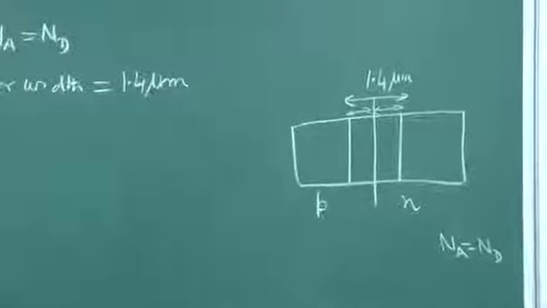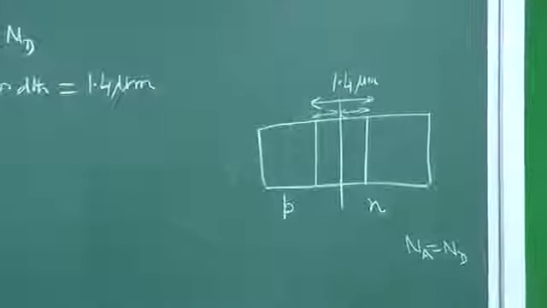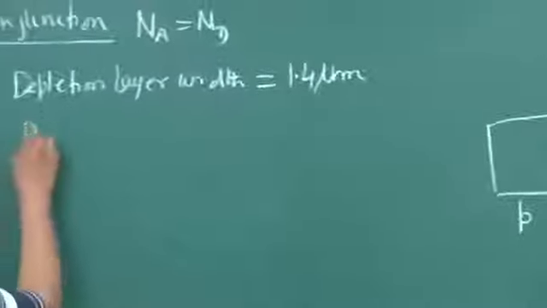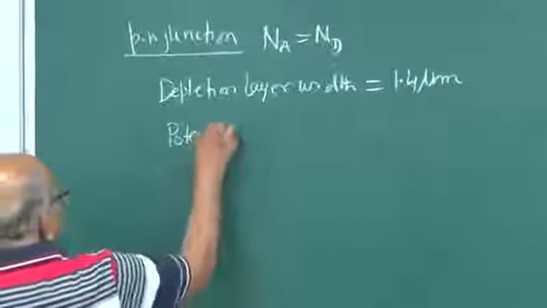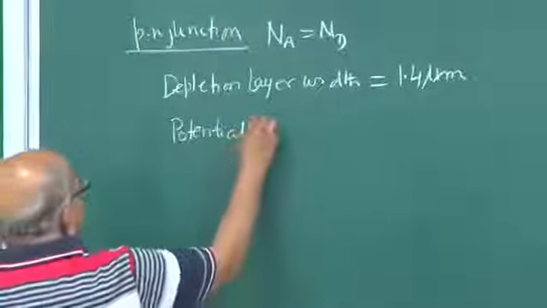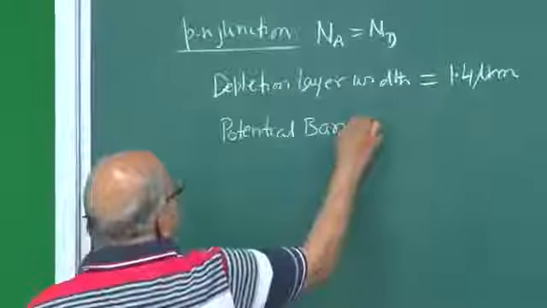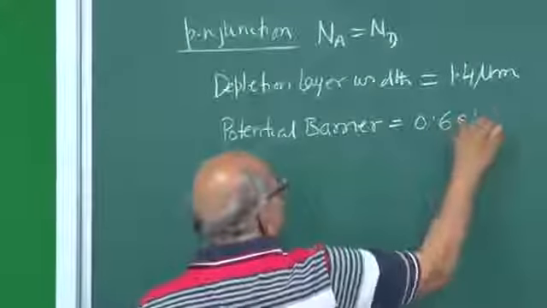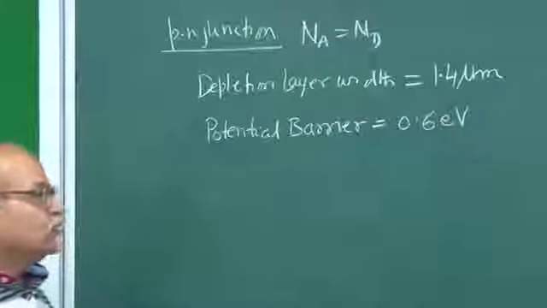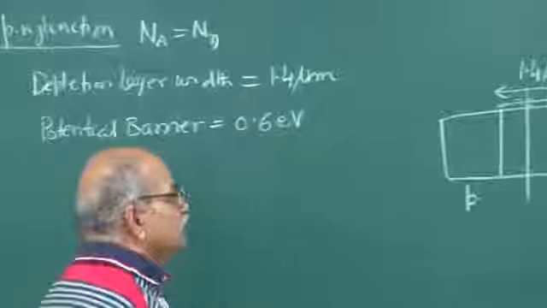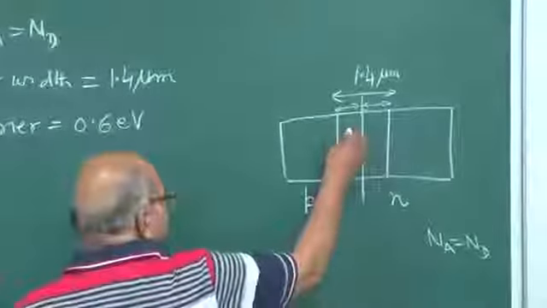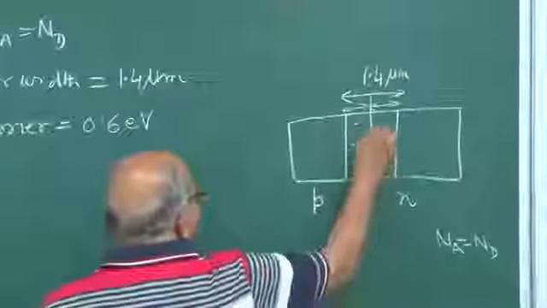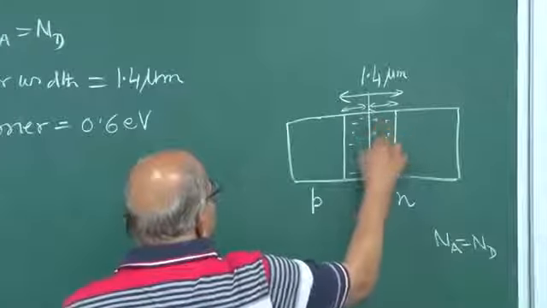The potential difference between the n side and the p side, which is the potential barrier, is 0.6 volts. When the junction is formed, these electrons will diffuse to this side, creating negative charges here, and this will create positive charges here.